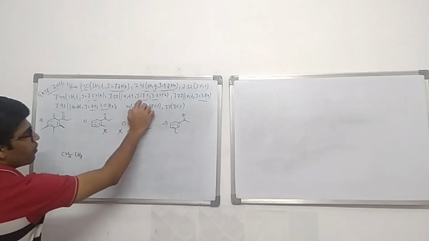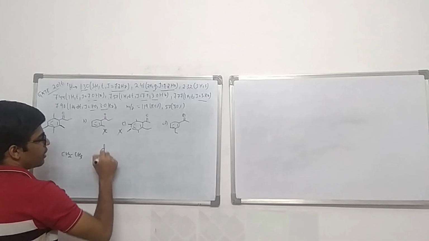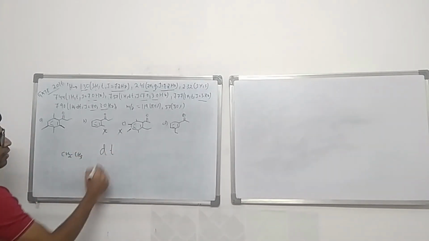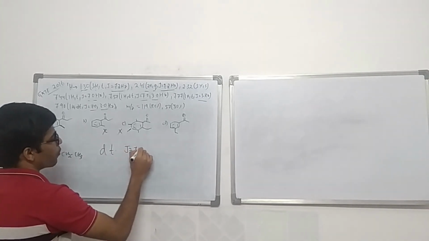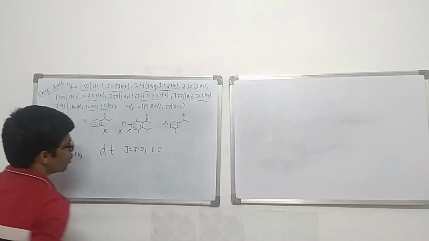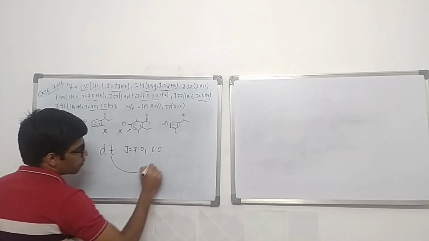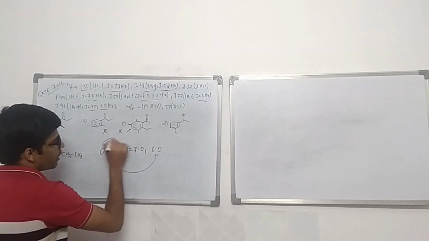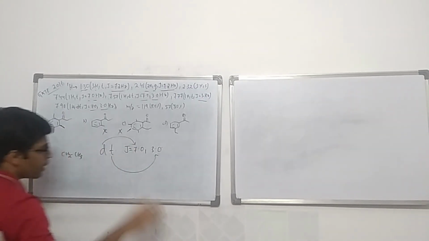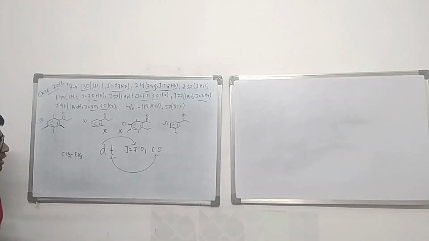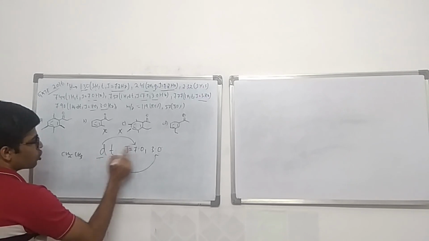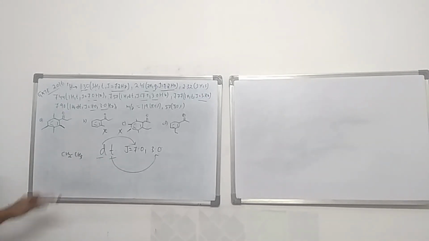Now, if you look at the splitting, it is saying doublet of triplet, and the coupling constant is given as J 7.0 and 3.0. So that means the triplet is 3.0 and the doublet is 7.0. That means there are 2 meta couplings because of which there is a triplet, and there is 1 ortho coupling because of which there is a doublet.